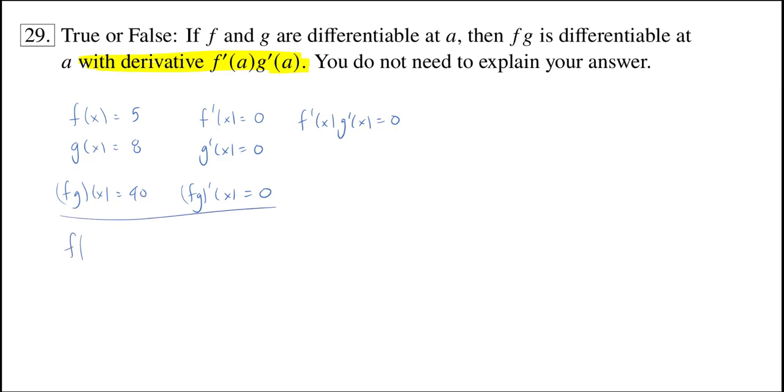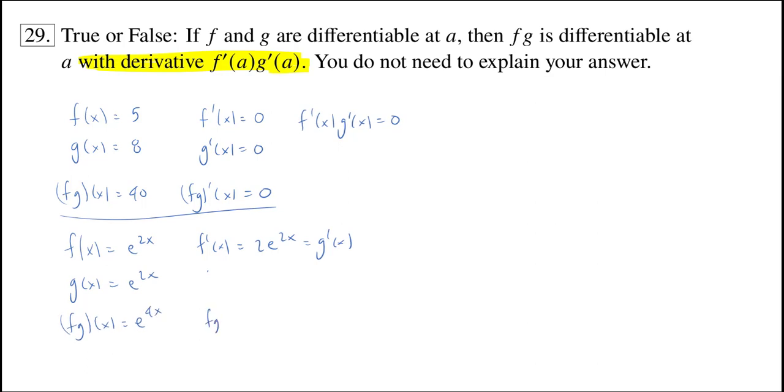What if we did f of x is equal to e to the 2x, and g of x is equal to e to the 2x, right? Well, let's see. f prime of x would be 2e to the 2x, and of course that would also be g prime of x. That's fine. Well, what if I multiply? What's fg of x? Well, that would just be e to the 2x times e to the 2x, which is e to the 4x.